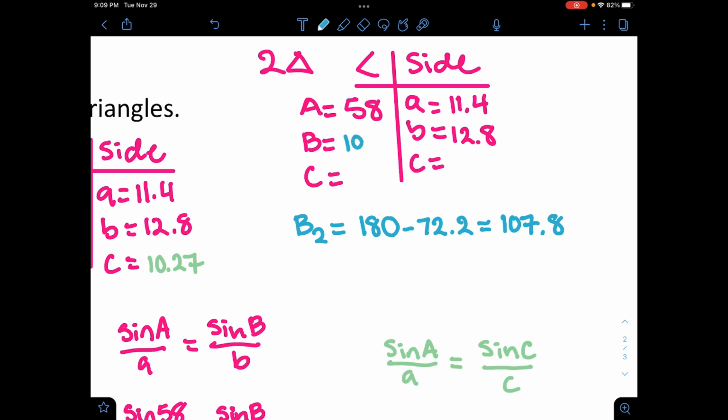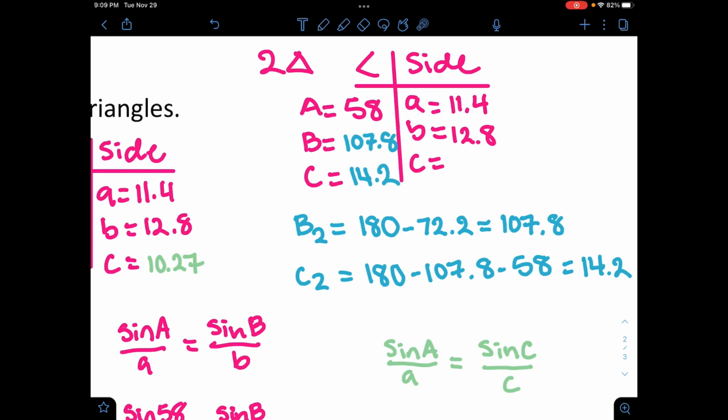So now that we know that, 107.8, once again we can solve for this one right here. So C2 will equal 180 minus 107.8 minus 58, which will equal 14.2.